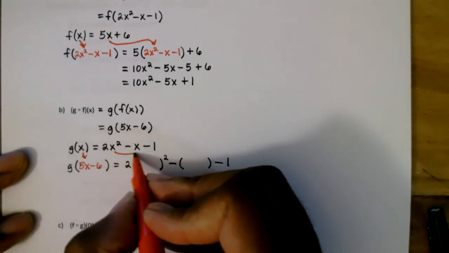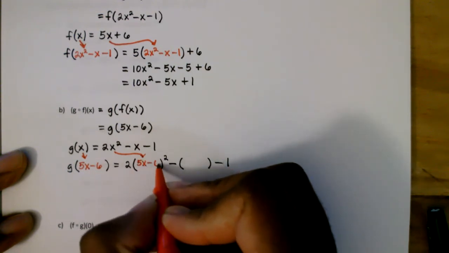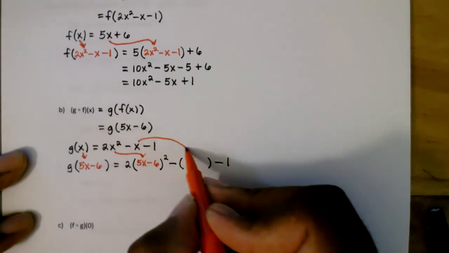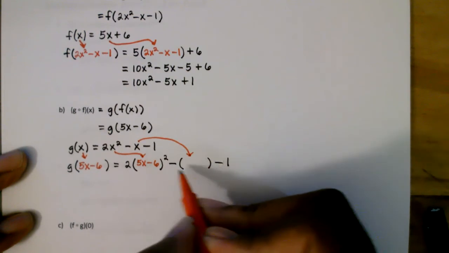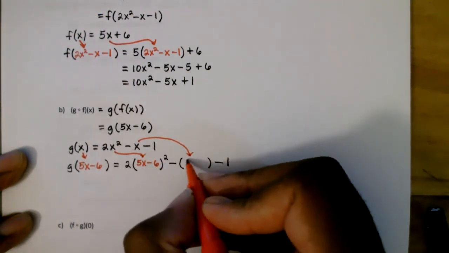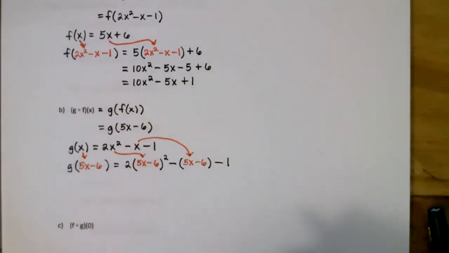And in the 2x squared, that x will be replaced with the f of x, which is 5x plus 6, and then that's going to be squared, by the way. And in the minus x, notice the parentheses in front of the minus sign, that's going to be replaced with 5x plus 6. And then have the minus 1 there.